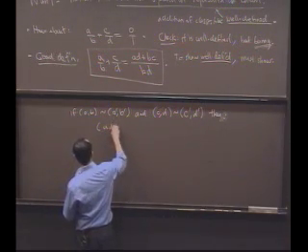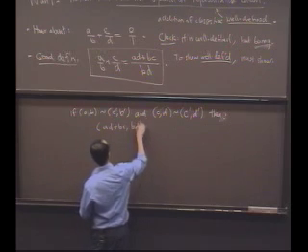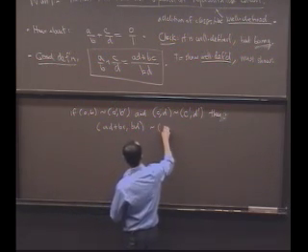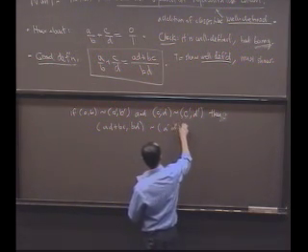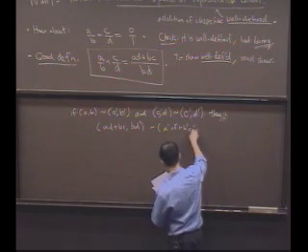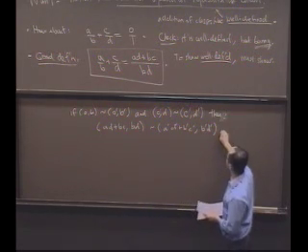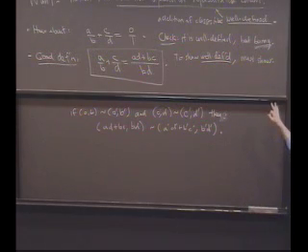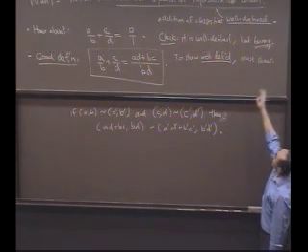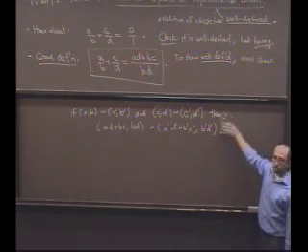Yeah, that's right. (AD plus BC, BD) is equivalent to (A prime D prime plus B prime C prime, B prime D prime). This is continuing this sentence. I must show this. So this is our goal.